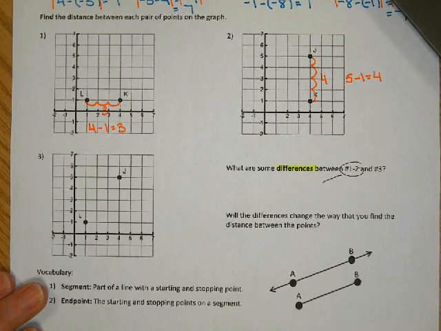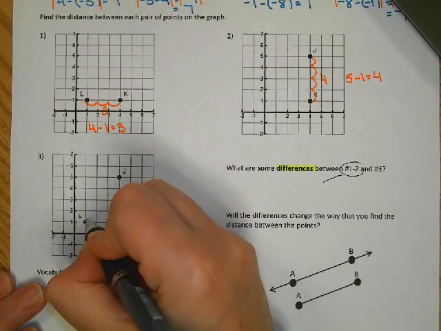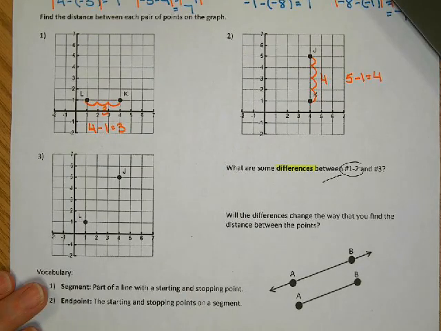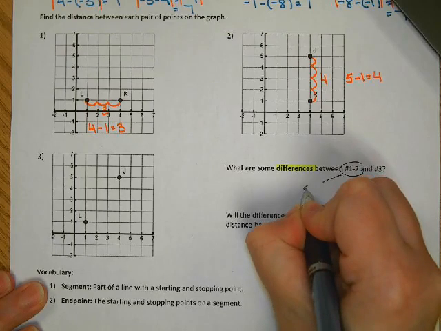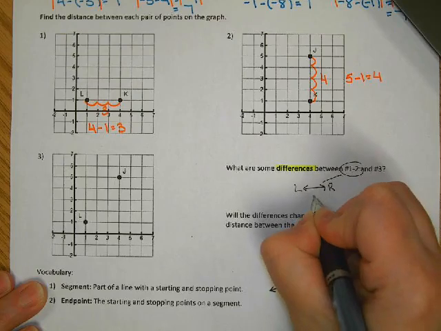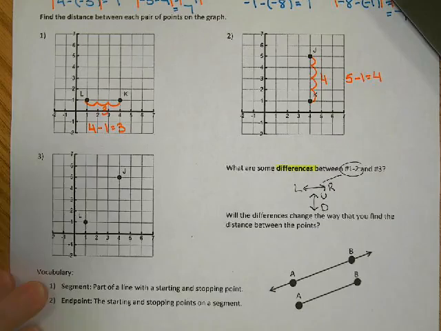Can we count between L and J? We can't, okay? So numbers 1 and 2, we move left to right and up and down, right?